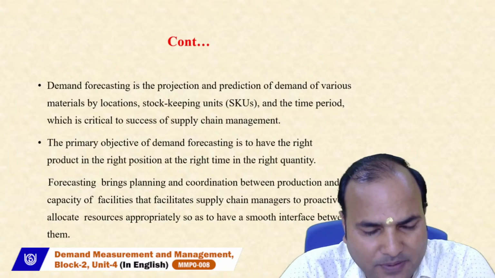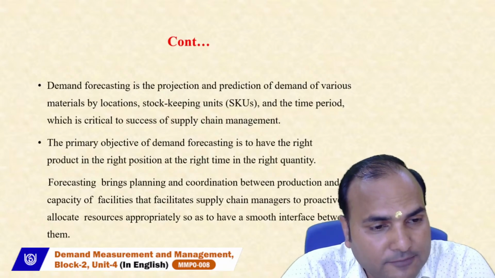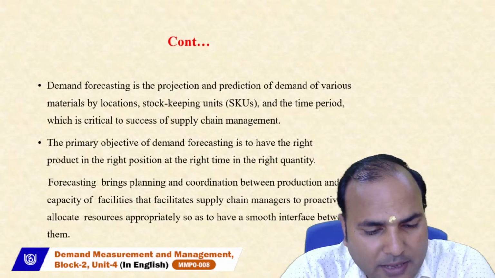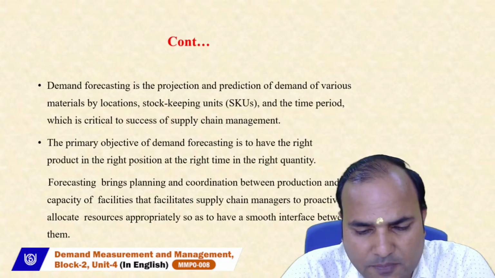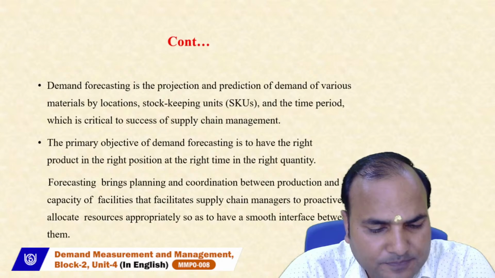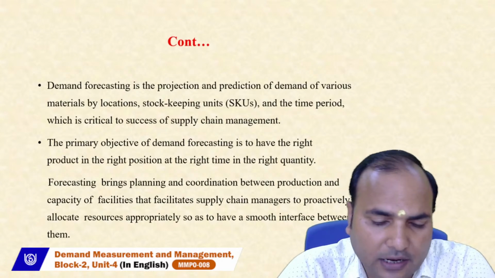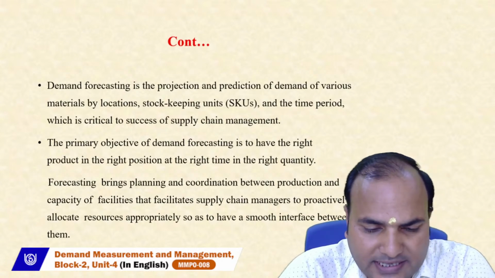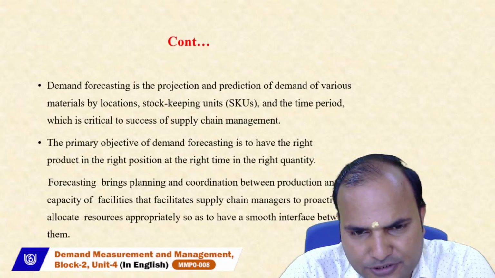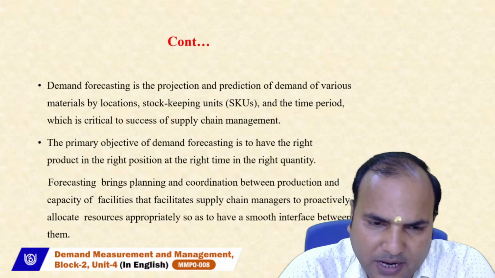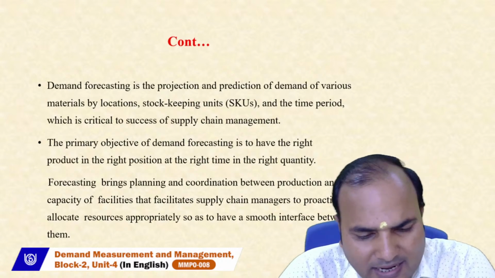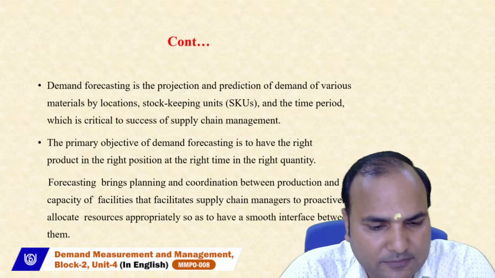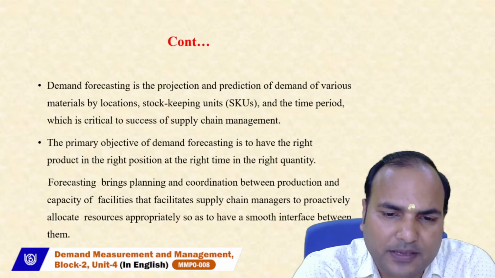The second key aspect is demand planning. When demand is forecasted, demand planning involves creating strategies and action plans to meet that demand. It includes decisions about inventory levels, production, and also procurement. Another aspect is demand shaping. What is demand shaping?